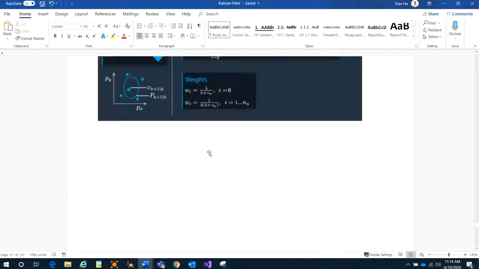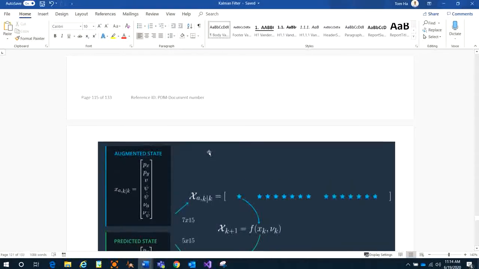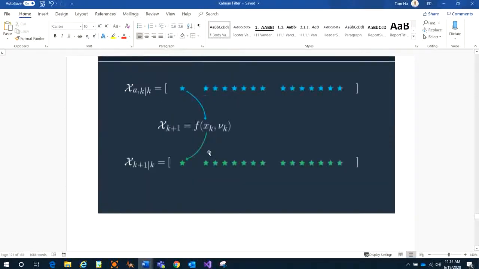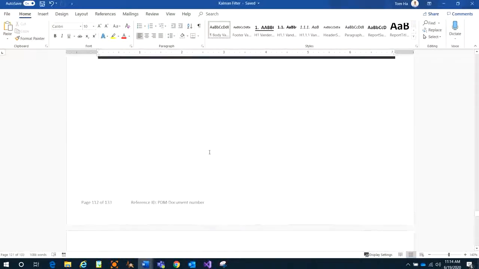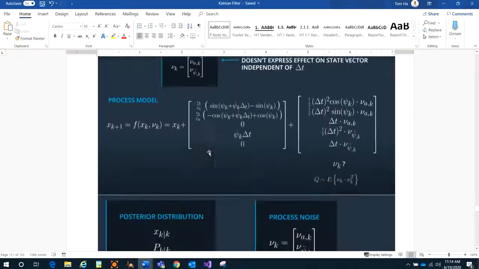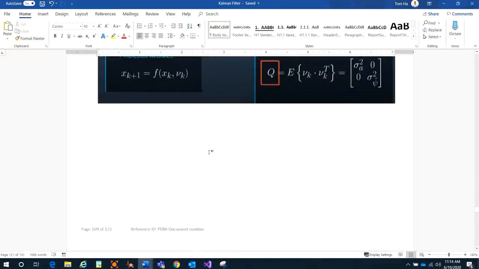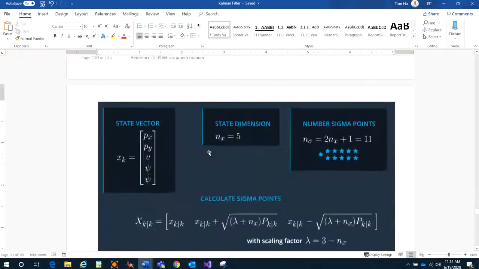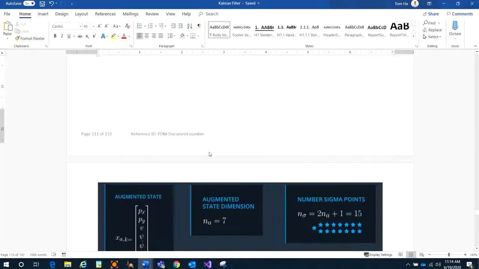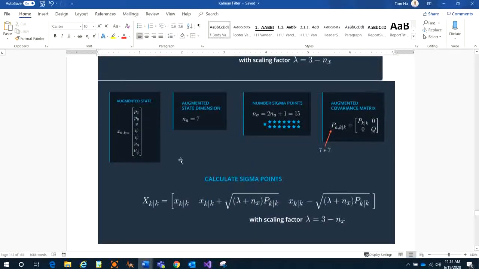Right here in the prediction step, first you have to create the augmented sigma point matrix, which is 7 times 15.